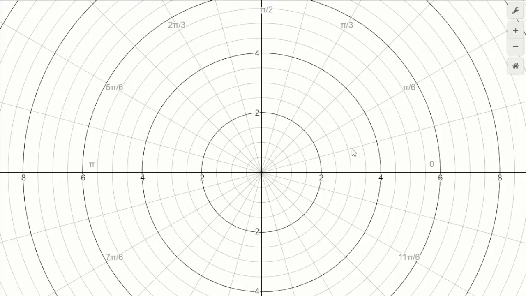See that ray right here, that's very light gray right there. Okay, so pi over 12, 2 pi over 12, which is pi over 6, 3 pi over 12, which is the same as pi over 4 right here, the 45 degrees angle, and then pi over 3 is right here. So we have that ray right there. So now on this ray, I'm expecting to put a point at 5.